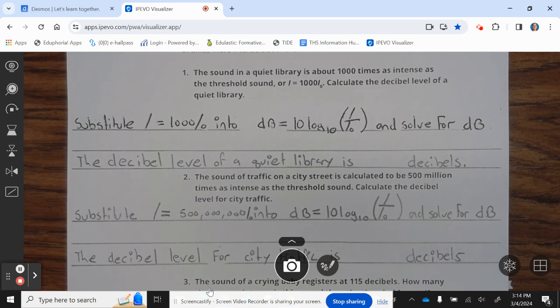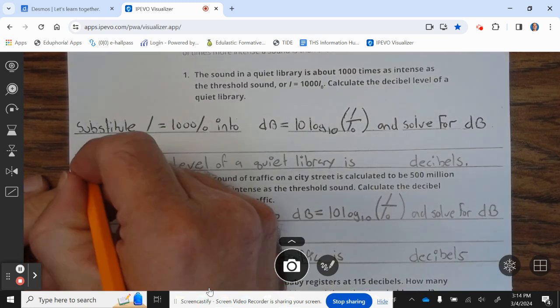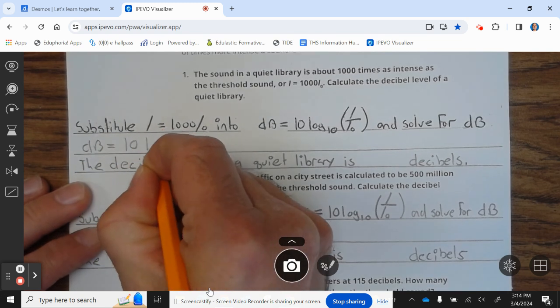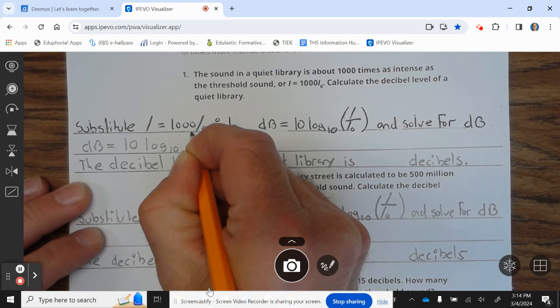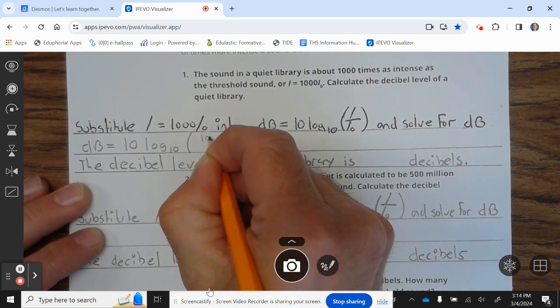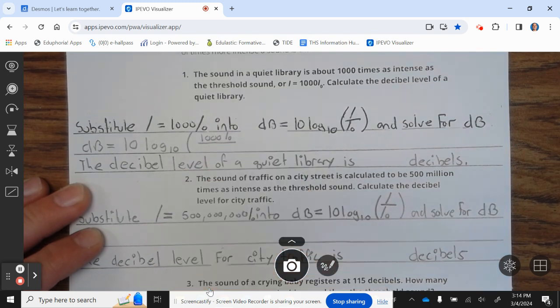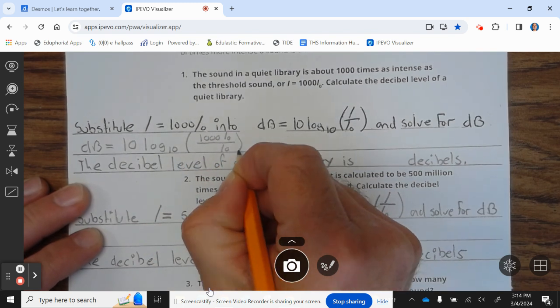Substitute L equals 1,000 L0 into dB equals 10 times log base 10 of L divided by L0 and solve for dB. So dB equals 10 times log base 10 of 1,000 L0 divided by L0.